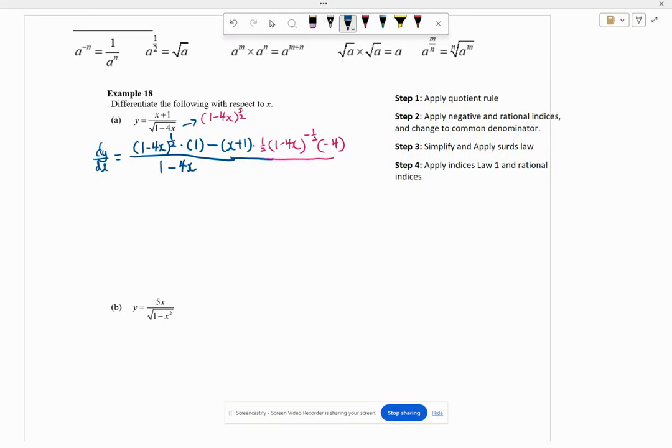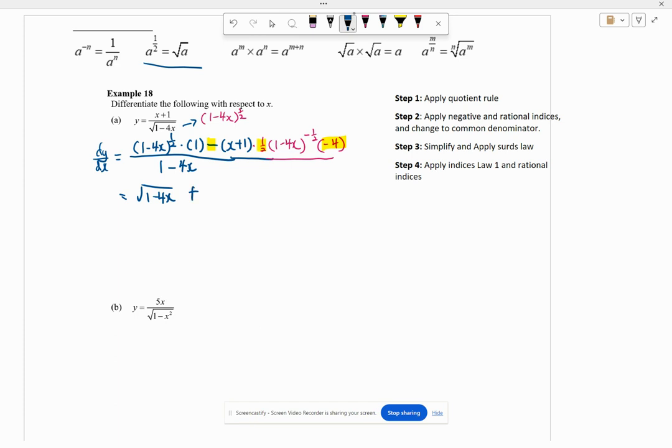Okay, so simplify first, and perhaps you can change the (1 minus 4x) to the power half to the form square root of 1 minus 4x. Simplify, half times minus 4 times negative will give you plus 2.